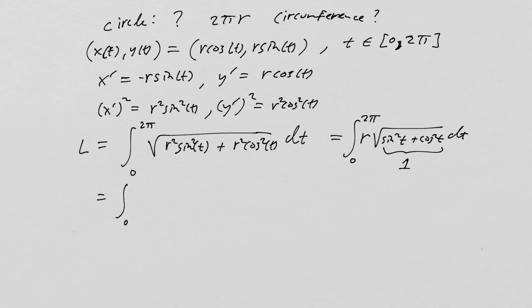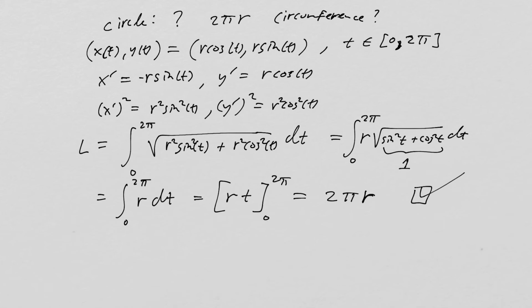So we have a very simple integral here. Two pi r. Of course, that's the familiar formula we know and have used extensively. We've simply verified a fact that we already knew.